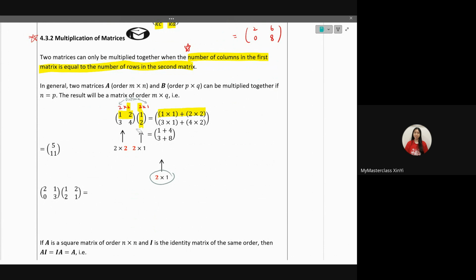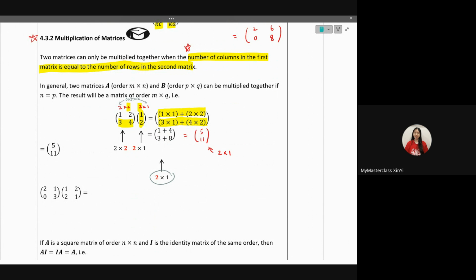Then when you look at row 2 multiplied to column 1, you only have one column in this case, so these will give you the row 2, column 1 entry. You will take 3 multiplied by 1 plus 4 multiplied by 2. Then you simplify this to be 1 plus 4 and 3 plus 8 at the bottom, and hence this is going to give you 5, 11. So this is your 2 by 1 matrix.